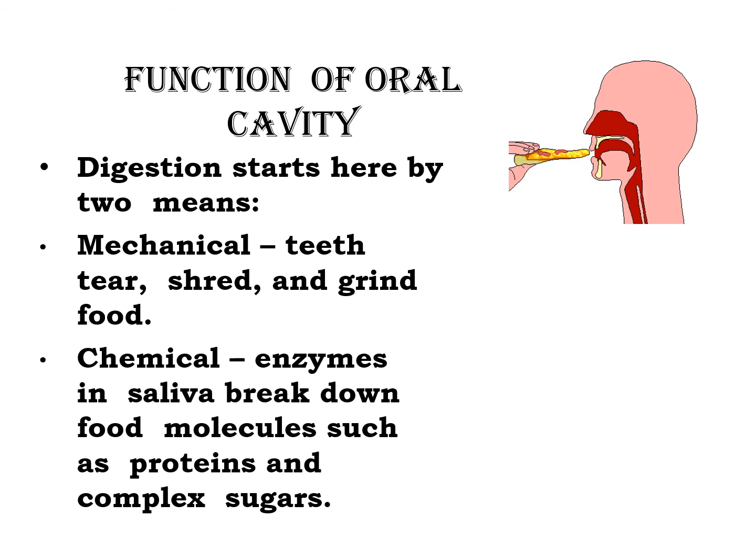Functions of the oral cavity. Digestion starts here by two means: mechanical digestion and chemical digestion. For mechanical digestion, teeth are present in the oral cavity. Four different types of teeth can be seen in mammals, which include incisors, canines, premolars and molars.